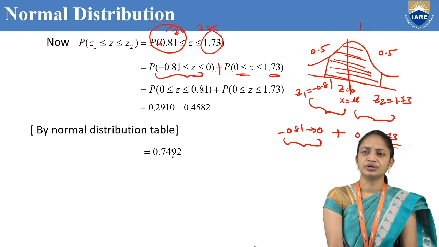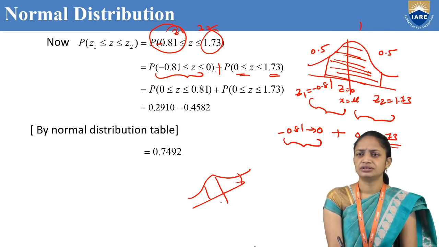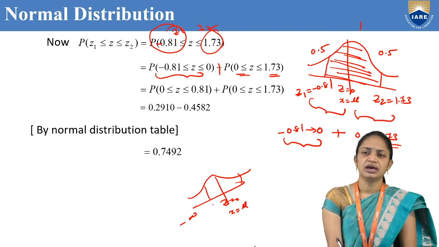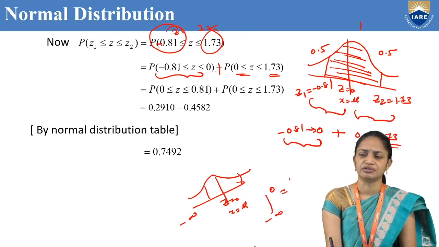In the normal curve, which is symmetric about z equal to 0 and x equal to mu, one possibility is that the area from minus infinity to 0 equals the area from 0 to infinity. According to that, minus 0.81 to 0 can be written as 0 to 0.81.